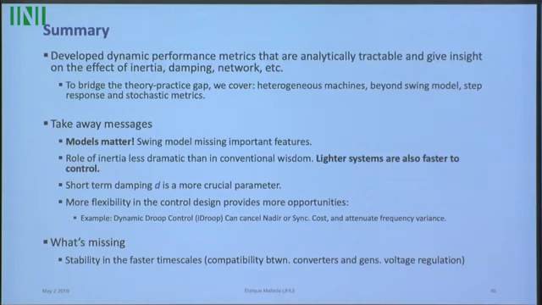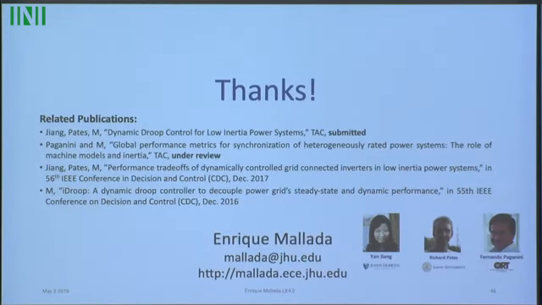I think there's a lot of important research in making sure that the faster time scales are actually stable. But my final point is that given that you stabilize the faster time scale in the connection between converters and the voltage regulators, then the slower time scale should be able to control it very well without major control effort from the inverters. And that's the final message. So thank you, and if there are any questions, I'll try to answer.